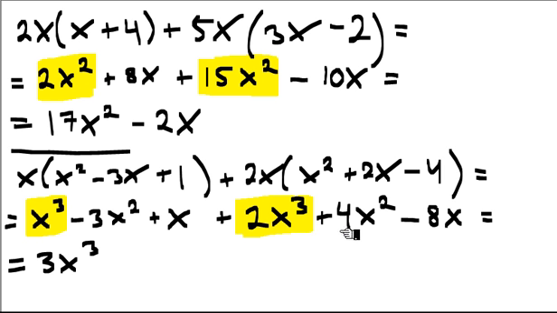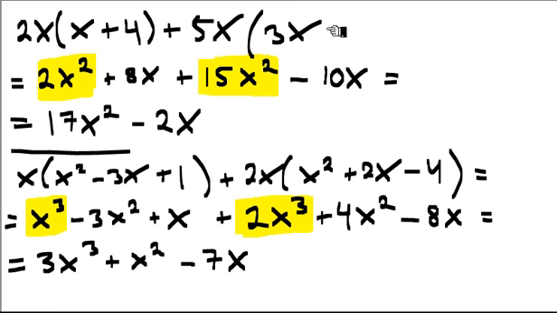Minus 3 plus 4 equals plus 1x2. But we just write plus x2. And then we have the x terms. We have plus x minus 8x is going to be minus 7x. And here's the answer simplified.